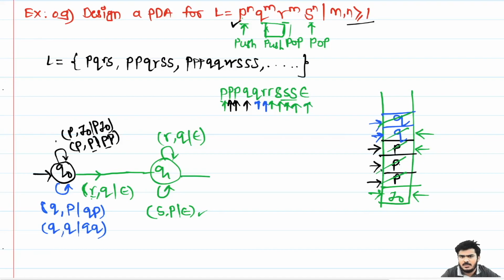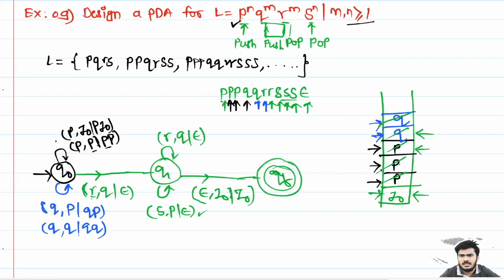So the input is epsilon and the top of the stack is z0. Then I will keep that z0 as it is, and I will move to the Q final state, that is the final state. And by reaching the final state, I can say that this particular PDA will accept strings like this. Okay, so this is the PDA for this particular language.